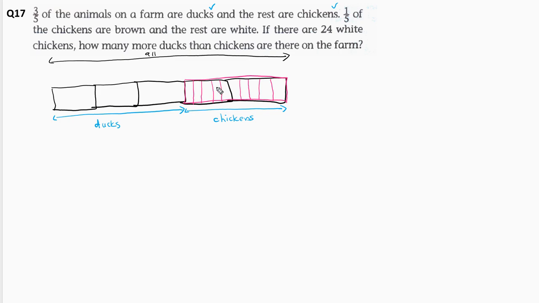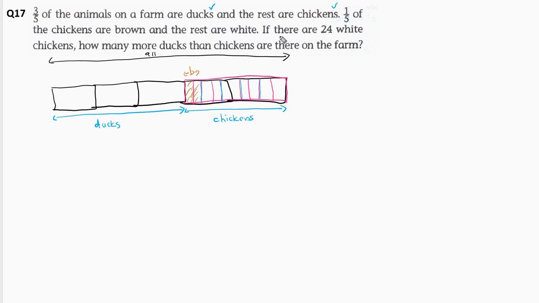If you wanted to double check, if you don't quite believe me, 1, 2, 3, 4, and 5. And we're going to shade that in. Why not? See if I can get a brownish color. No, this is near enough. So it says that 1/5 of the chickens are brown. So these are brown.